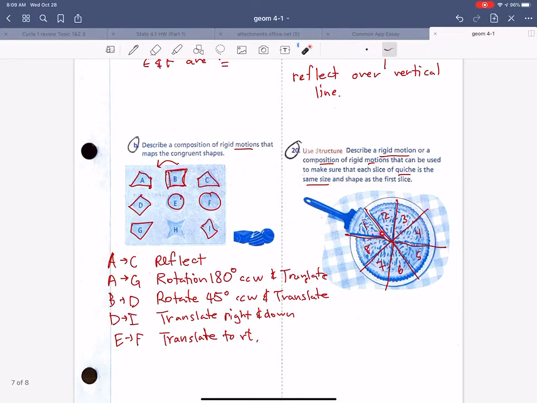Okay, so we know that this central angle is 360. So we're going to take 360, divide by 8 to figure out what angle of rotation is needed here. So 360 divided by 8 is 45 degrees. Cool, so if you rotate pie piece 1 by 45 degrees, you'll land on pie piece number 2.